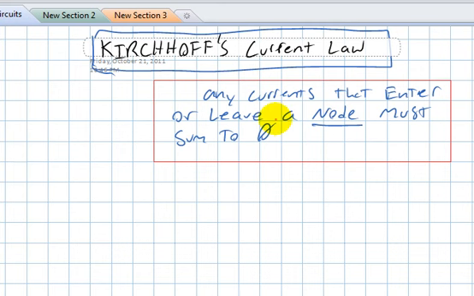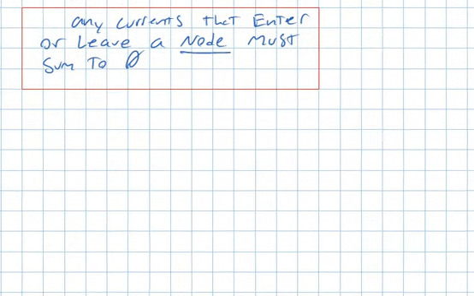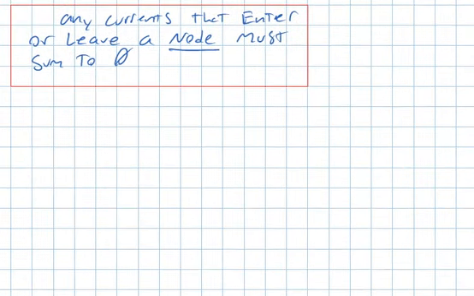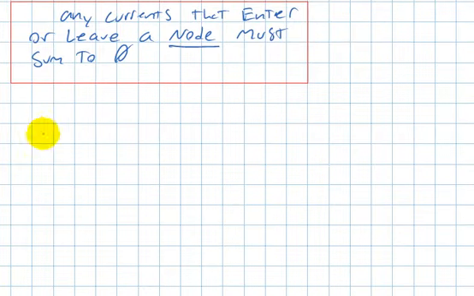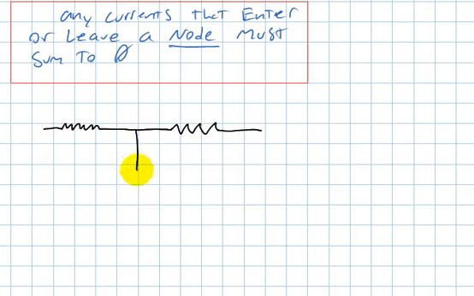Alright, so what this says is... we have circuit elements here, like resistors. I'll probably just use resistors from now on.